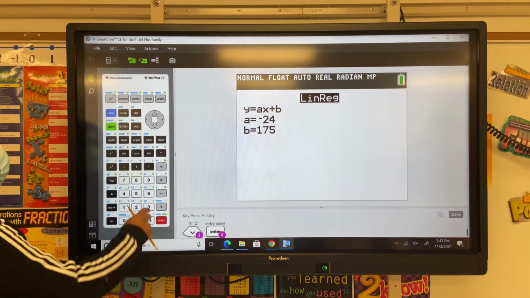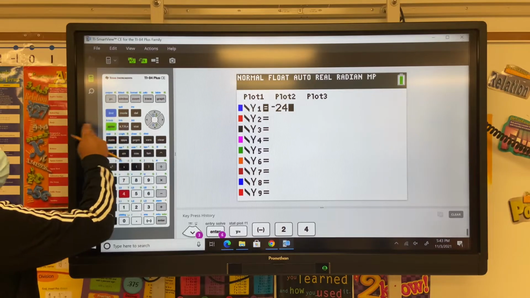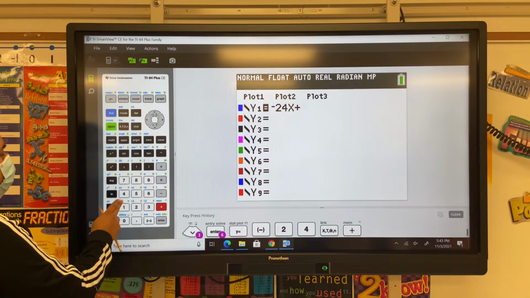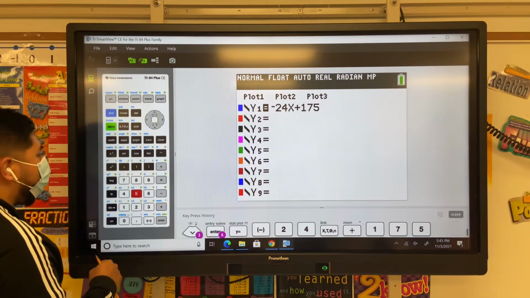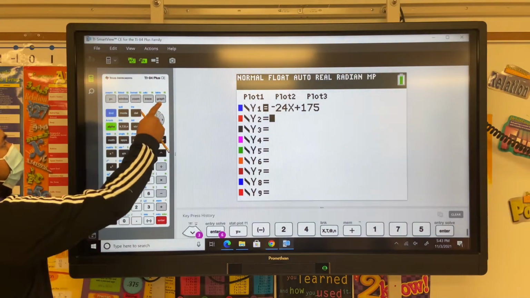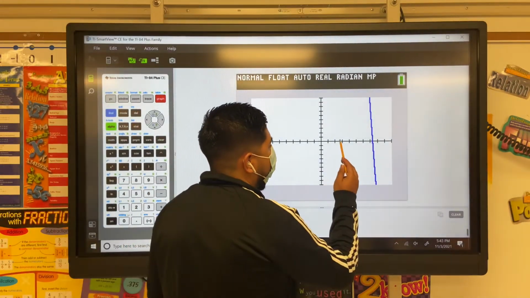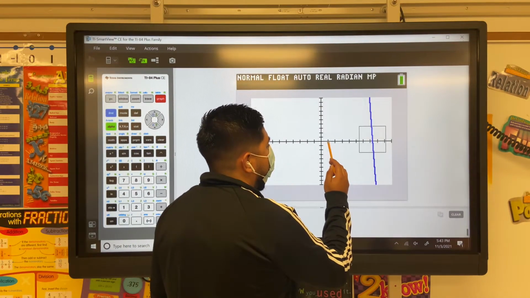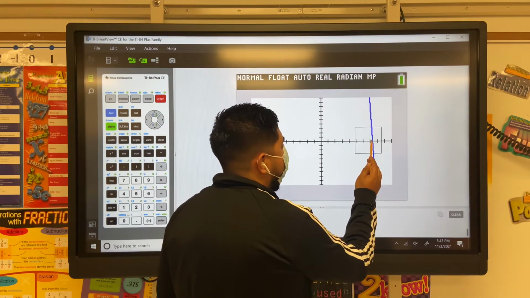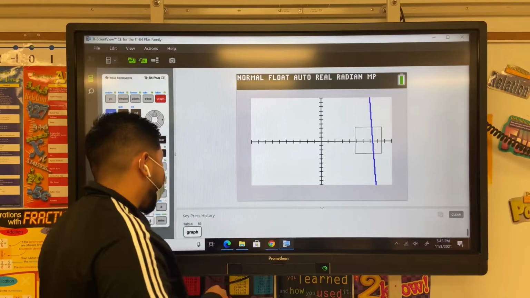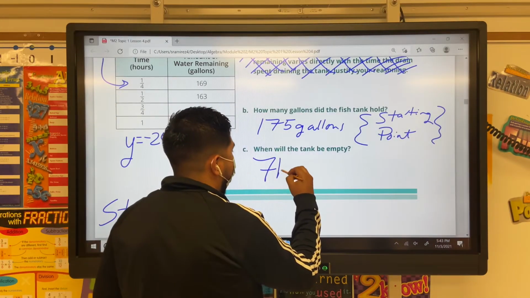Coming over here, y equals -24x plus 175. We want to know when it hits 0. Graph it. So we know it hits right here. 1, 2, 3, 4, 5, 6, 7. 7 hours and something. So we can just say 7 hours.